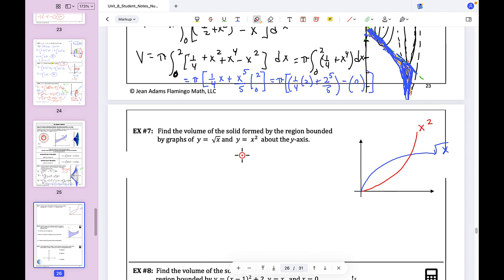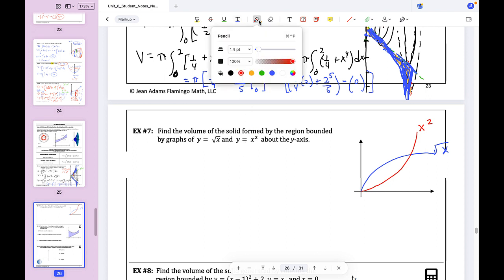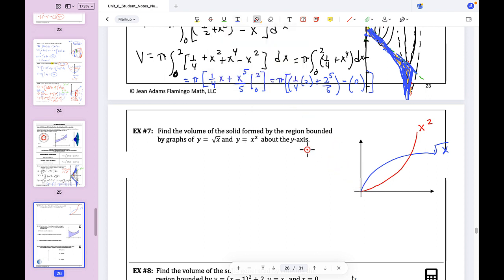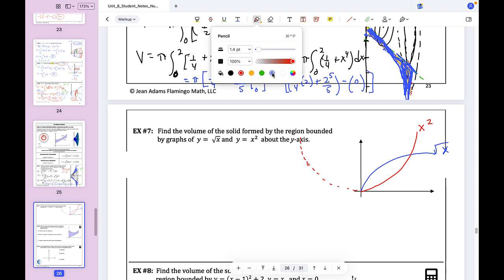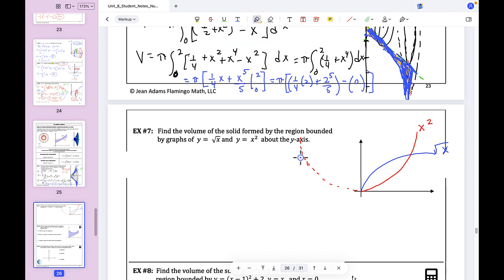Now we're revolving that about the y-axis, so that means, let's see, here's my x squared, right, and then this one's a little bit easier to draw, isn't it? And here's my square root of x, square root of x and x squared.